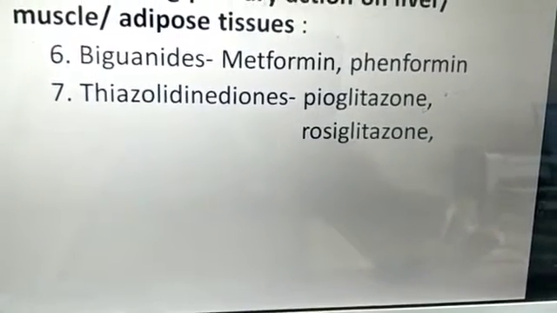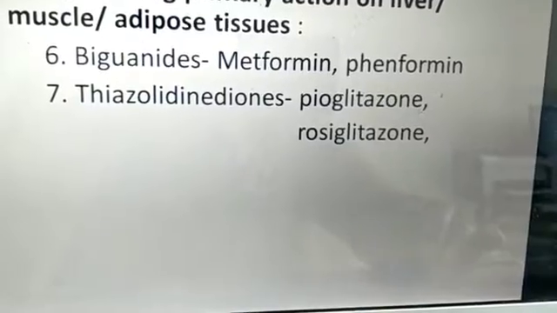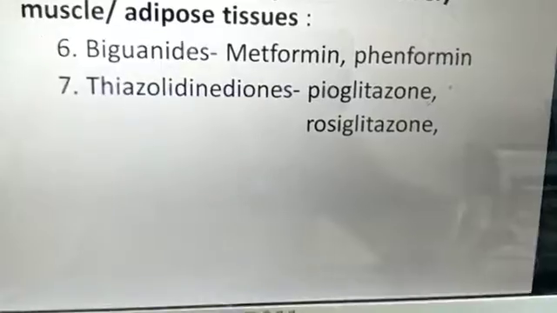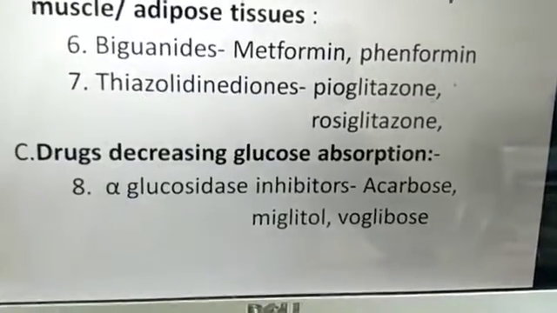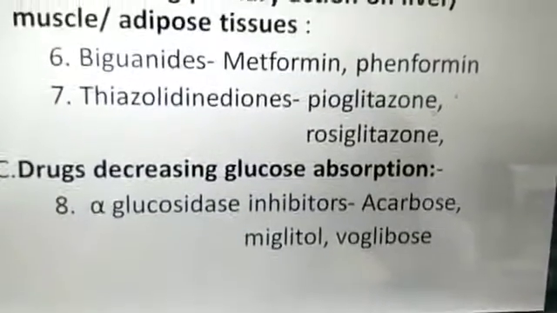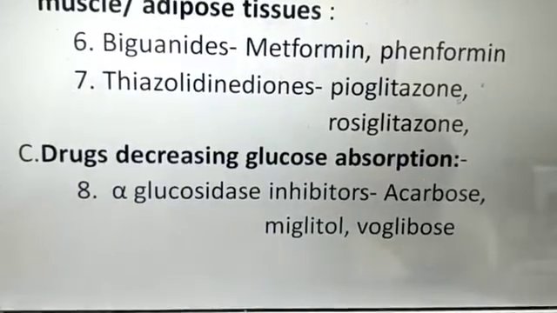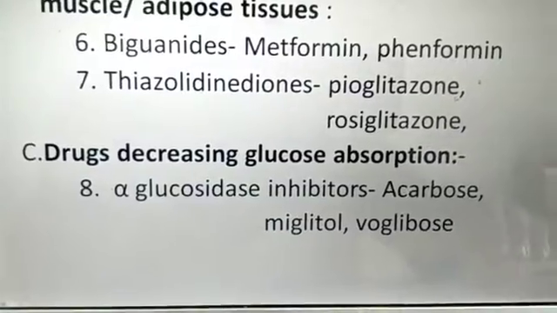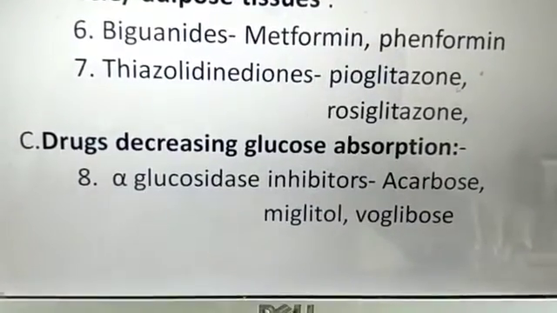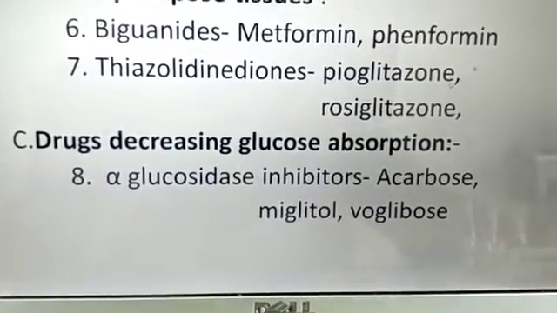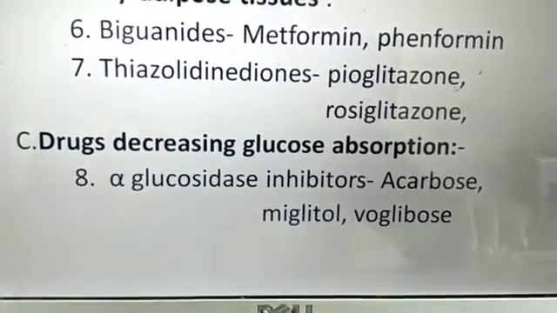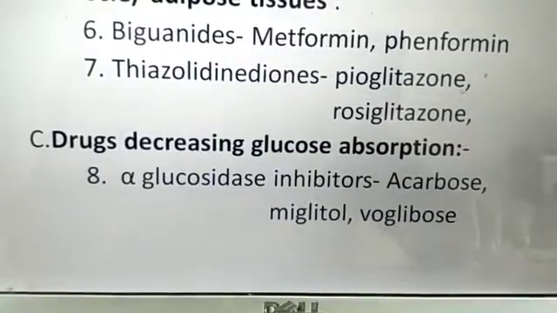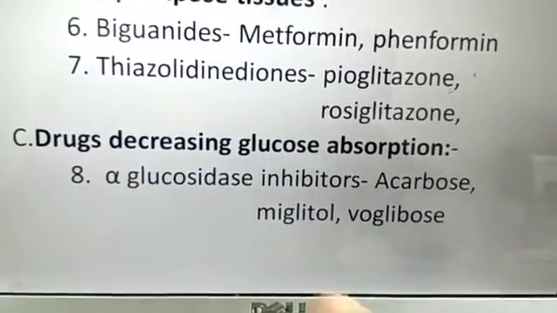Metformin and phenformin are biguanides, and we have thiazolidinediones, that is pioglitazone and rosiglitazone. Then we can decrease the absorption of glucose from the gut to control the hyperglycemia. These drugs are alpha glucosidase inhibitors: acarbose, voglibose, and miglitol.